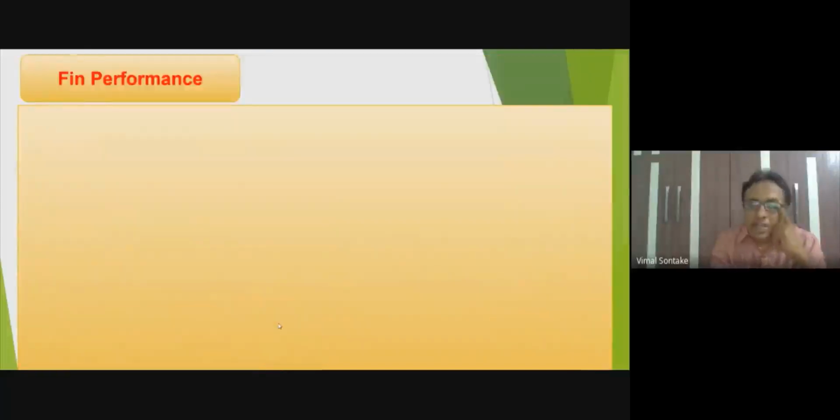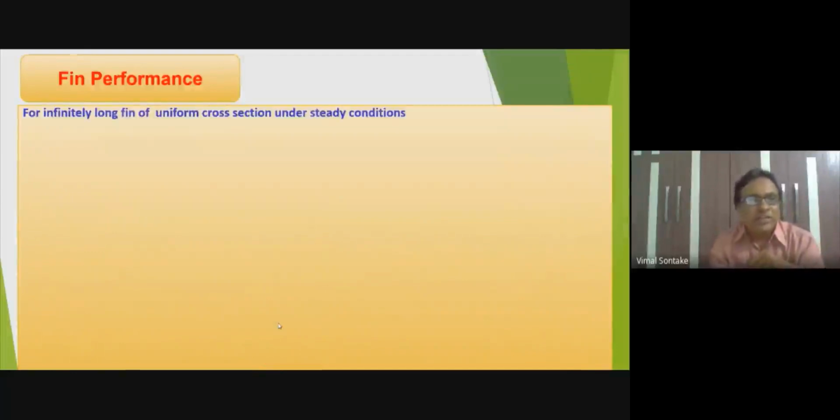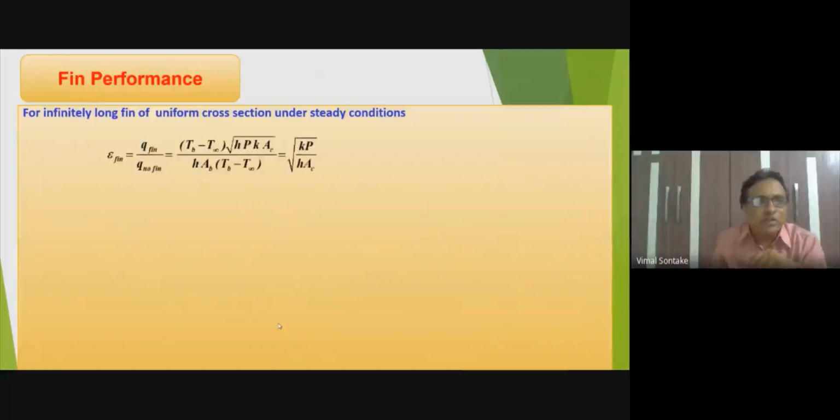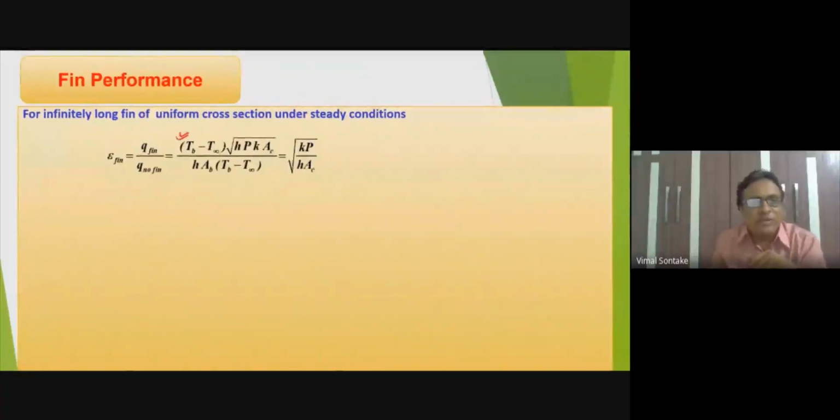Once again, in order to understand more about the fin effectiveness, let us once again calculate the fin effectiveness for an infinitely long fin. So we know for infinitely long fin, the rate of heat transfer from the fin will be (T_b minus T_infinity) into square root of h P k A_c, and heat transfer rate from the base surface without fin will be h A_b (T_b minus T_infinity).